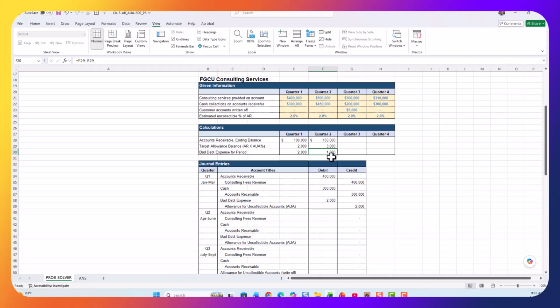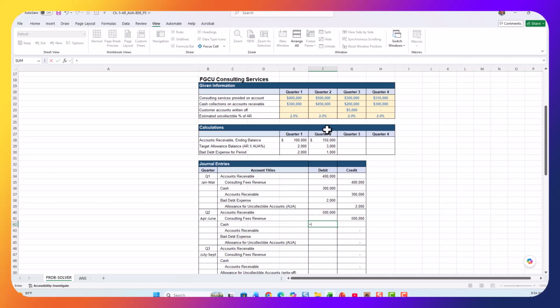The journal entries for Q2 are similar to Q1. We'll debit accounts receivable for $500,000 and credit consulting fees revenue for $500,000 to record the revenues for the period.